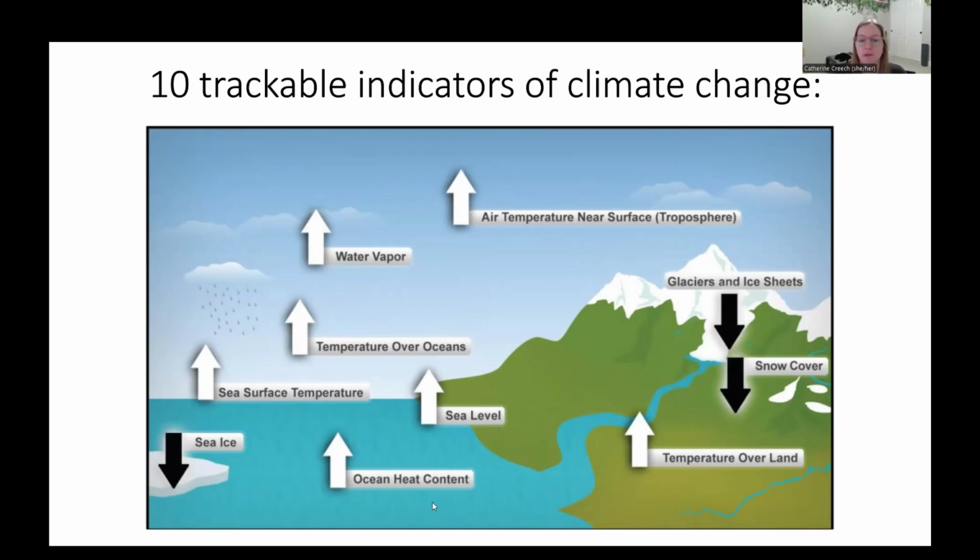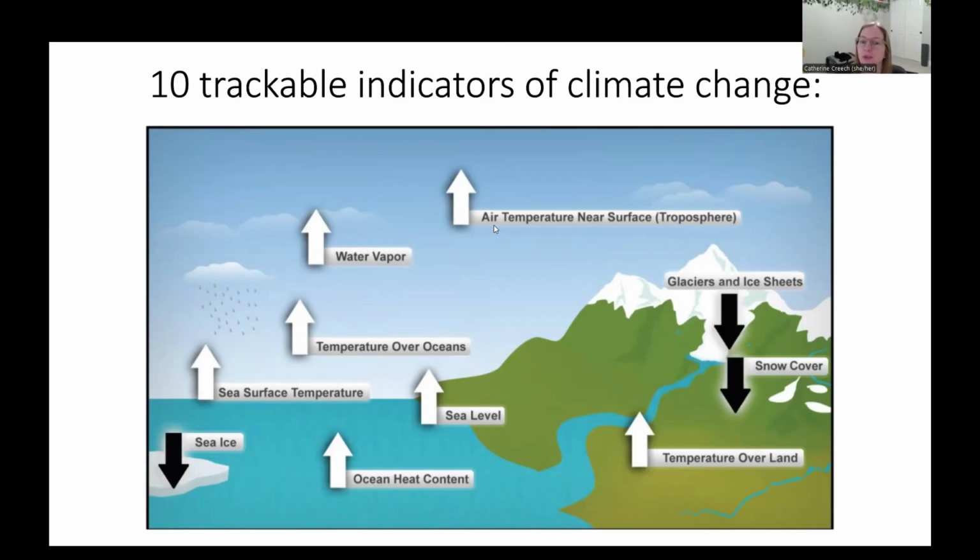Let's go through them. First, as we warm our planet, we're going to heat our oceans. As we heat our oceans, we're going to decrease sea ice. That's going to increase the sea level. We're also going to increase the surface temperature of the sea. We're going to increase the temperature over the oceans. As we have this evaporation happening, we're going to increase water vapor.